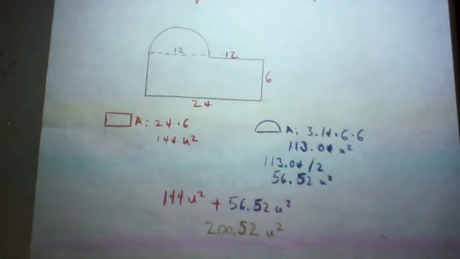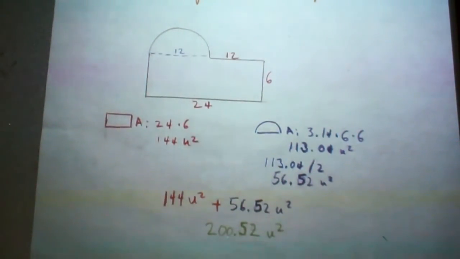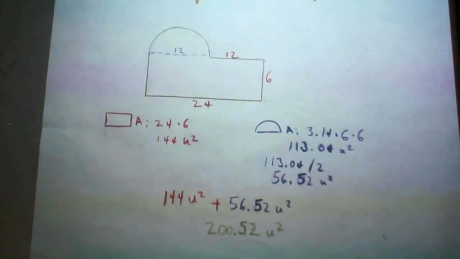And that will leave me with 56.52 units squared. So now I can take my 144 units squared and 56.52 units squared, put those together, and come up with 200.52 units squared, and that would be the measure of the area of that composite shape.